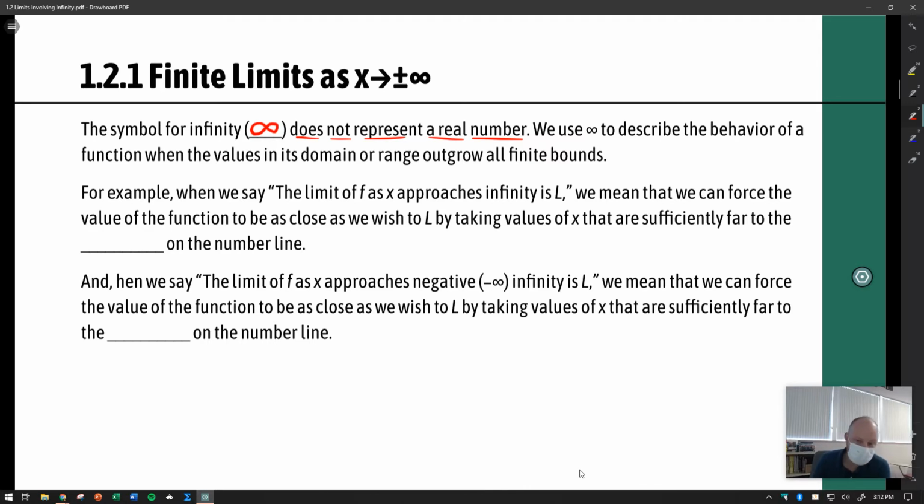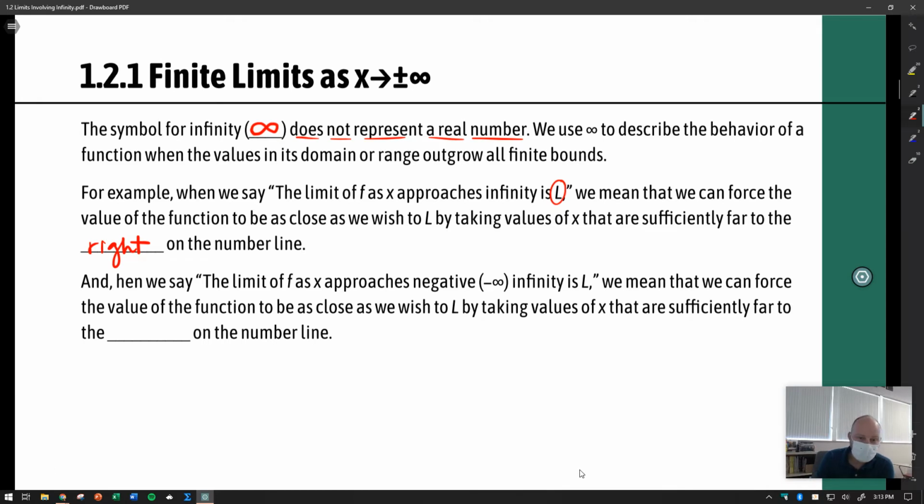For example, when we say the limit of f of x as x approaches infinity is some number L, what we mean is that we can force the value of the function to be as close as we wish to L by taking values of x that are sufficiently far to the right on the number line.